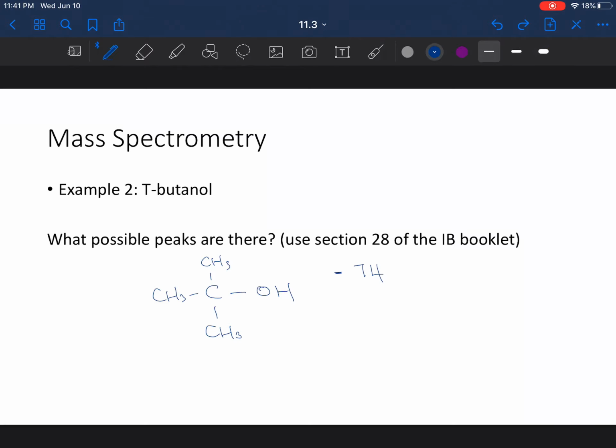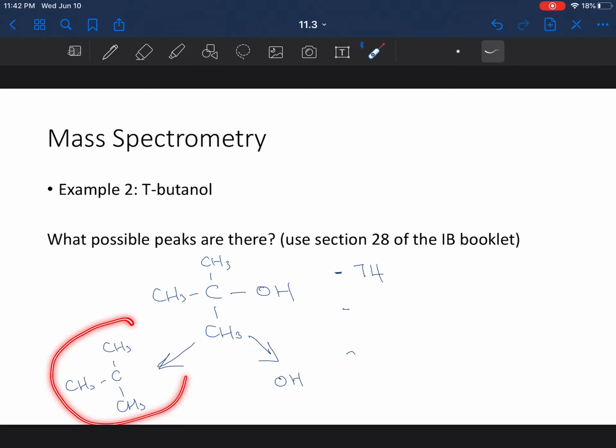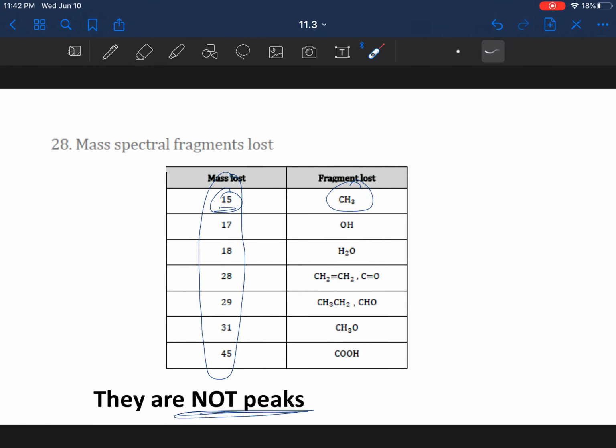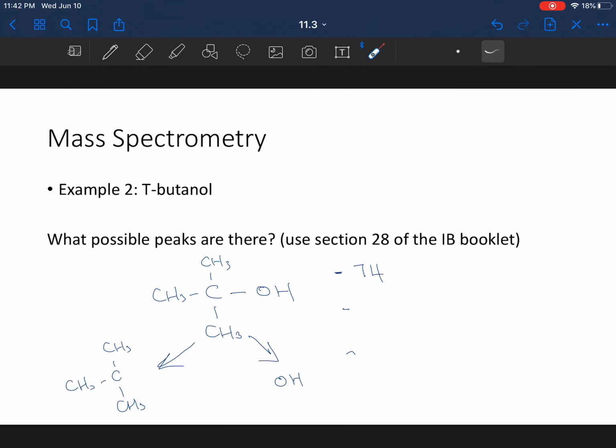Now, the splitting. Where would you find maybe 2 other peaks? Let's just say it will split this and this. What would this give you, and what would this give you? Well, if you look at this page, OH will give you a 17 loss.